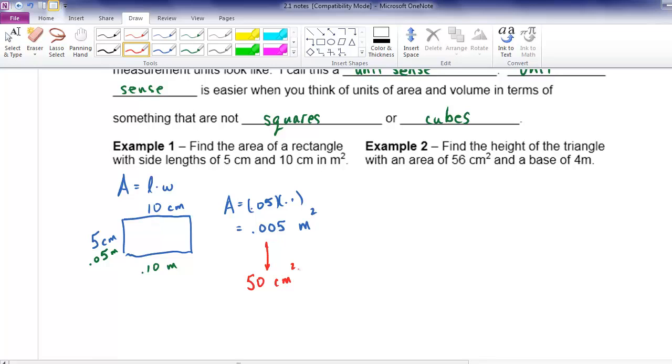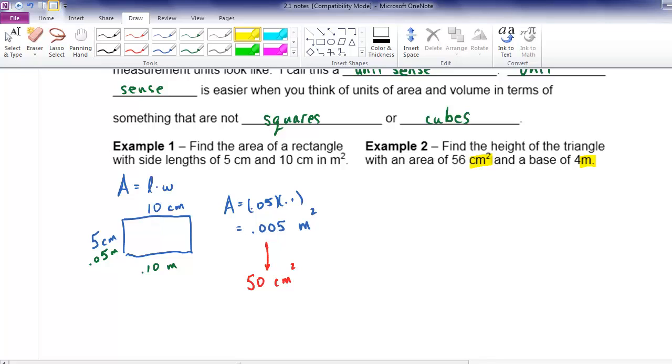Okay, next one. Find the height of a triangle with an area of 56 square centimeters and a base of 4 meters. One of the first things I want you to notice is we have different units. We're given the area in square centimeters, and one of our dimensions is meters. We want to find the height of the triangle.